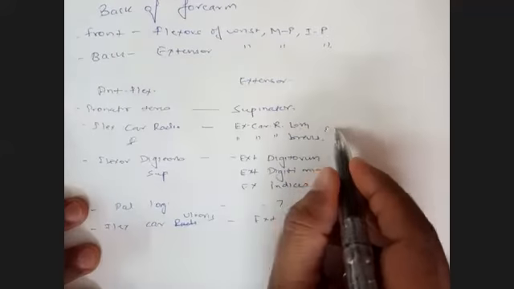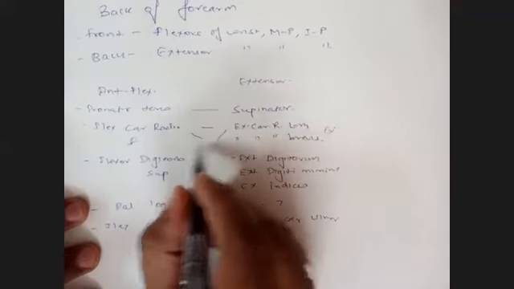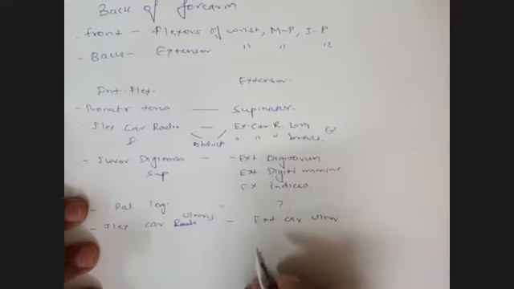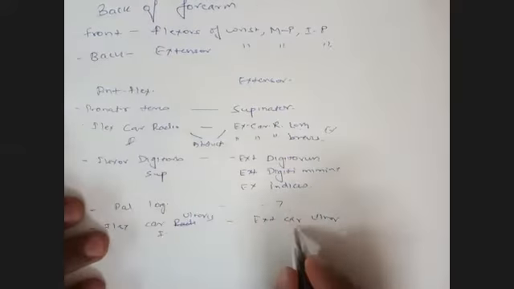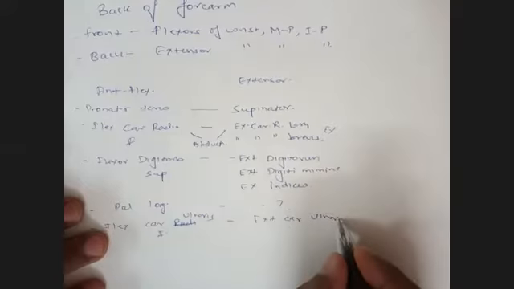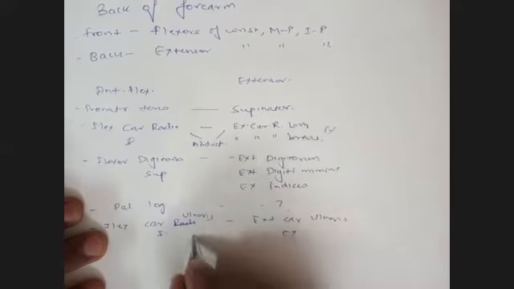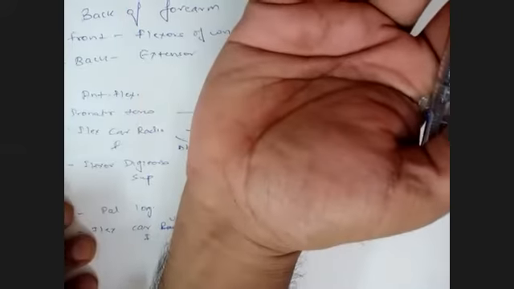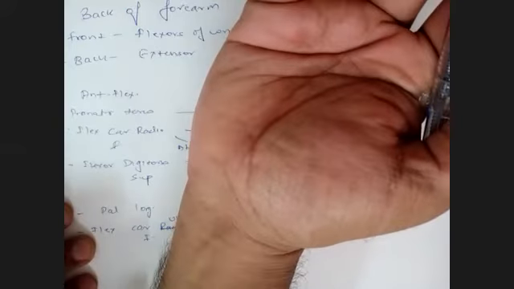This will cause extension, but both of them together will cause abduction, because they are on the radial side. Flexor carpi ulnaris will cause flexion. Extensor carpi ulnaris will cause extension, but both of them together will cause adduction because they are on the medial aspect. So the adduction movement will be caused by flexor carpi ulnaris and extensor carpi ulnaris. Abduction movement will be caused by flexor carpi radialis and extensor carpi radialis longus and brevis.